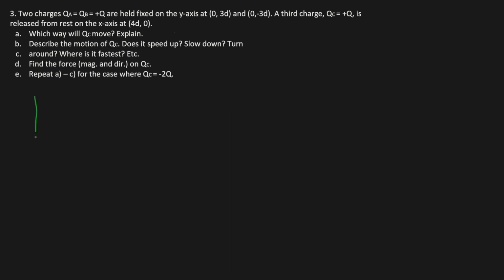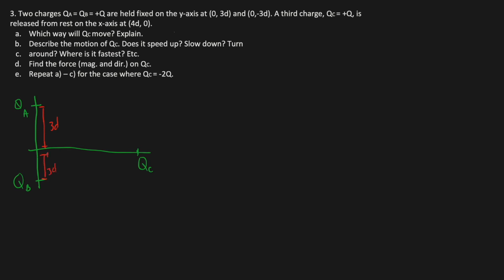So here is QA, here is QB, and here is QC. And here is 3D, because QA is held on the y-axis at (0, 3D), and here is also 3D.